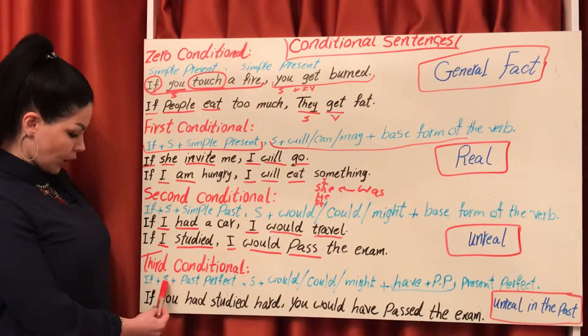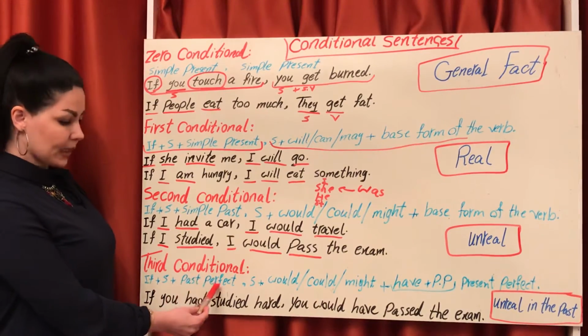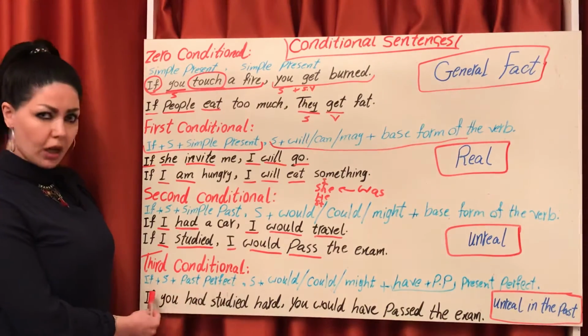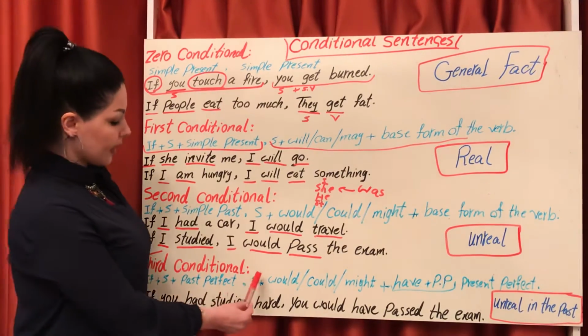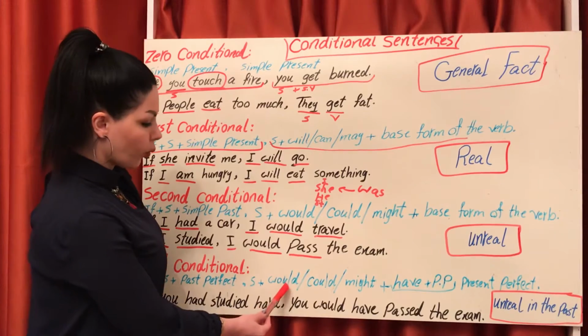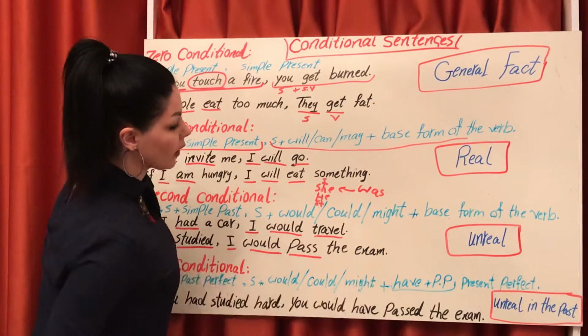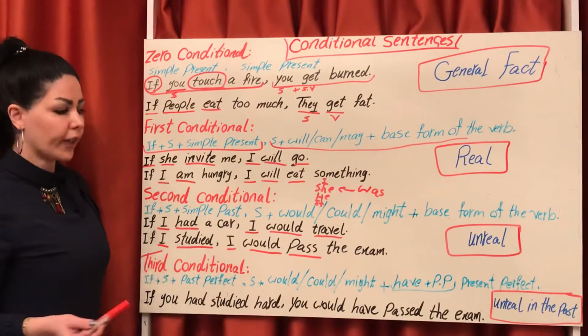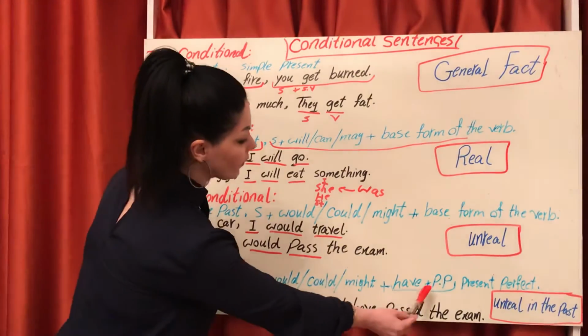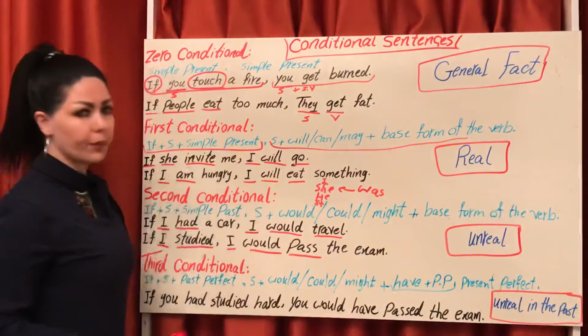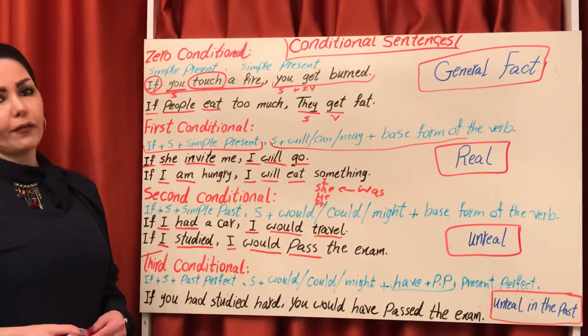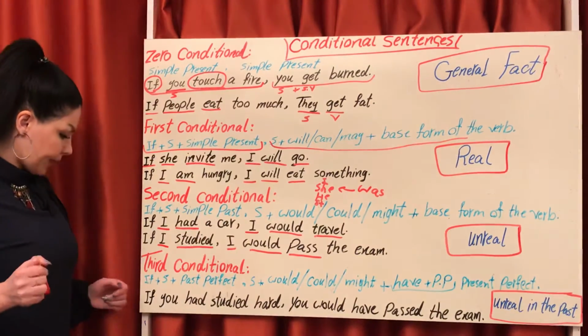If plus subject plus past perfect. For the main clause, subject plus would or could or might plus present perfect: have plus PP, verb 3. Now look at the example.